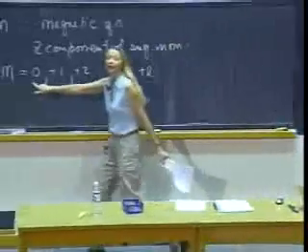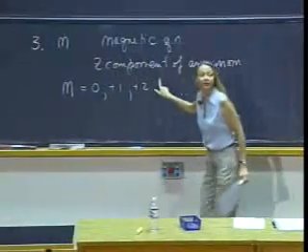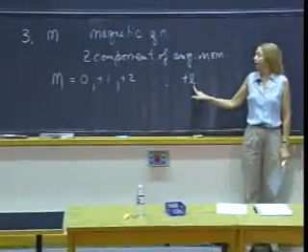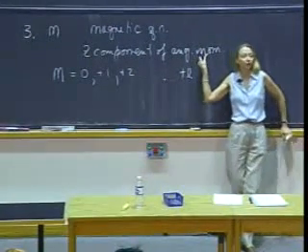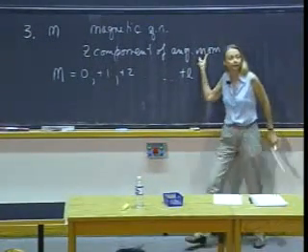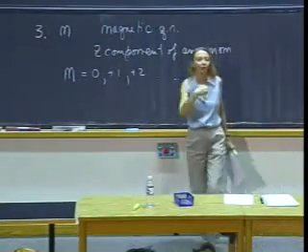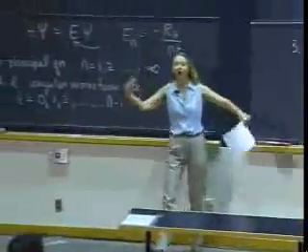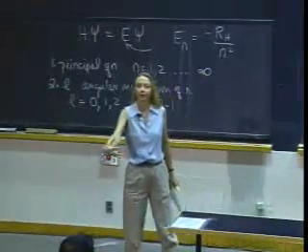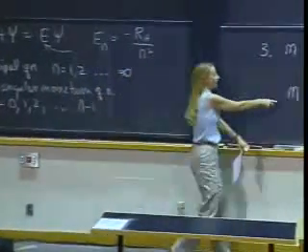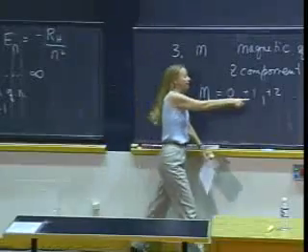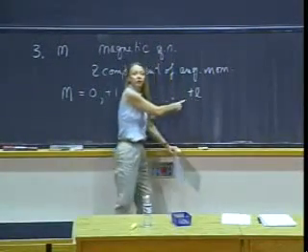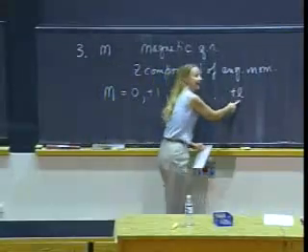The magnetic quantum number is tied to the angular momentum quantum number. Why? Well, because this is the z component of the angular momentum, or it dictates the z component of the angular momentum. L dictated the total angular momentum. Well, the z component of the angular momentum is never going to be bigger than the total angular momentum, so that's why m is tied to L.